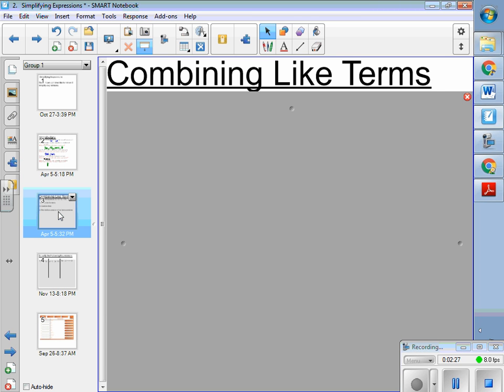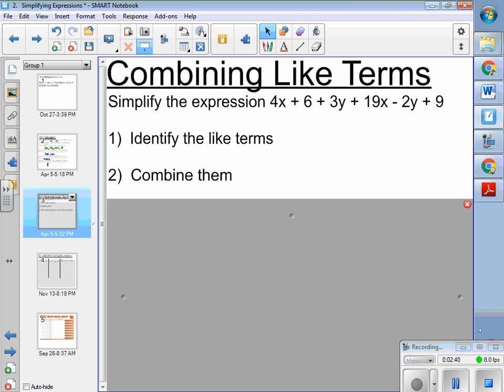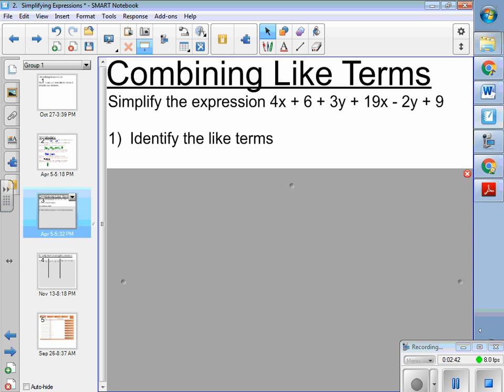So now we're combining like terms. We're going to simplify the expression 4x plus 6 plus 3y plus 19x minus 2y plus 9. We're going to identify our like terms.